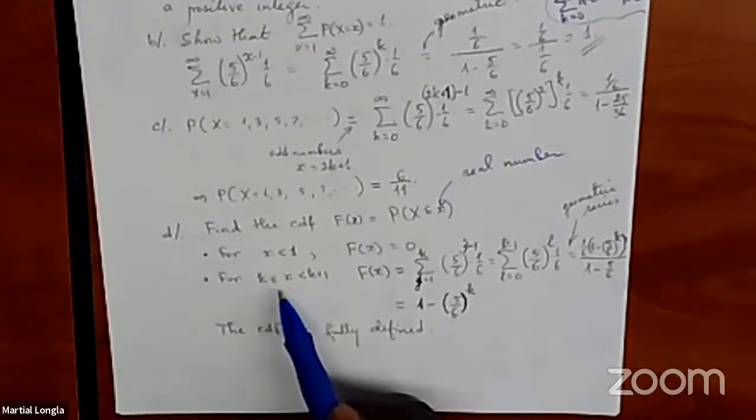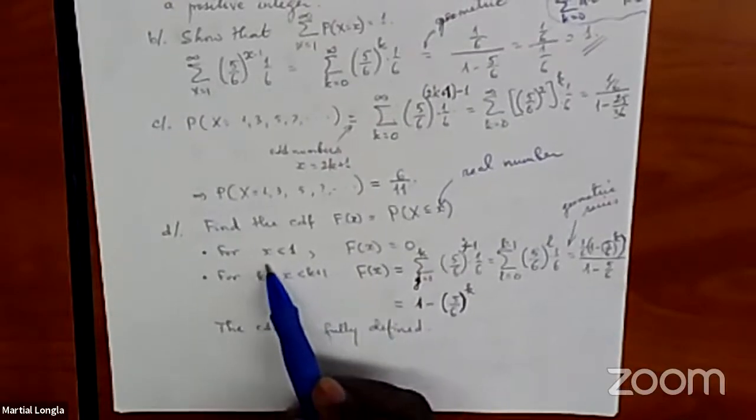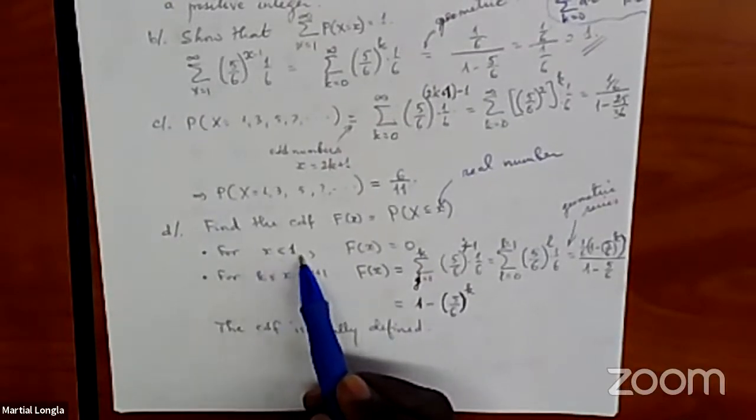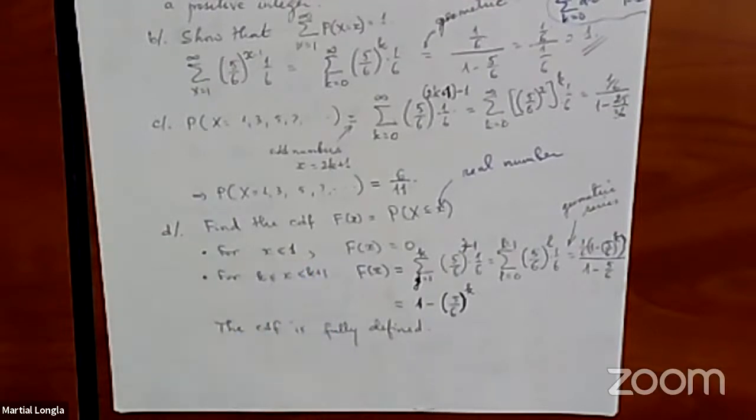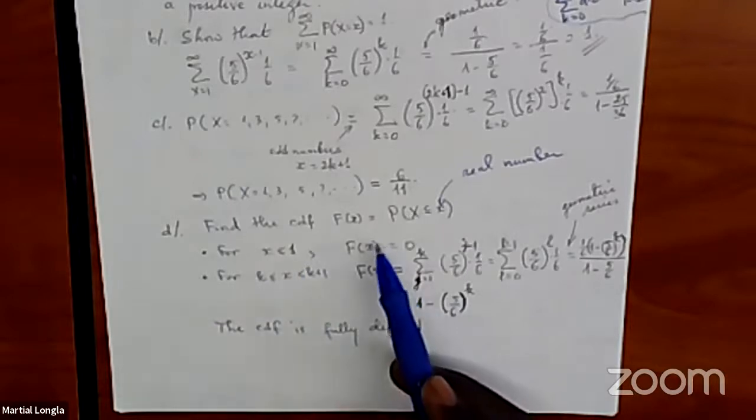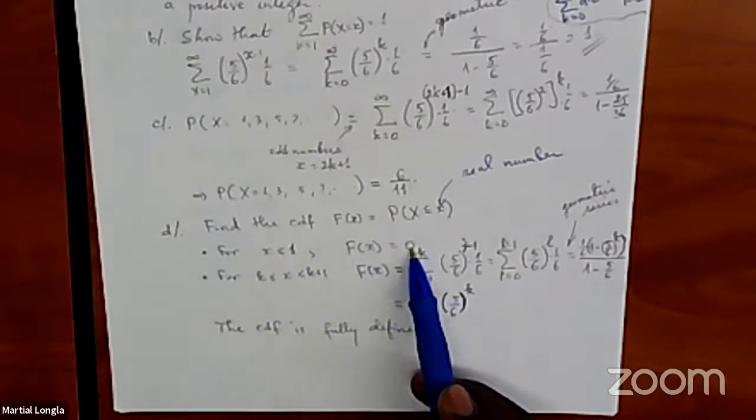That is why to define F of x, you need to start with the integers that you have here. If your x is strictly less than 1, there is nothing that is less than 1, so your capital F of x is going to be 0.